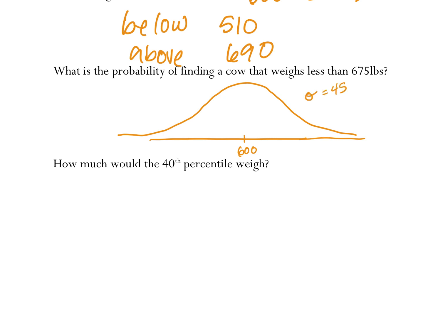Now, give or take, where is 675 on this graph? It's about 1.5 standard deviations-ish. I don't expect them to be perfect. I expect them to be relatively close.